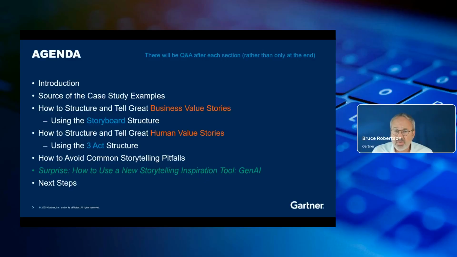We'll spend a little time on avoiding some of the common pitfalls that we see in storytelling, and then, surprise, I'm going to show you how to do it with Gen AI as an inspiration building tool, not to create your stories, but to give you inspiration for some stories that you can make on your own. That's our agenda for today. Let's get started.